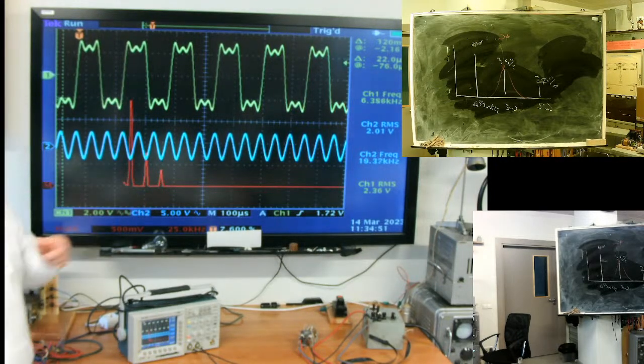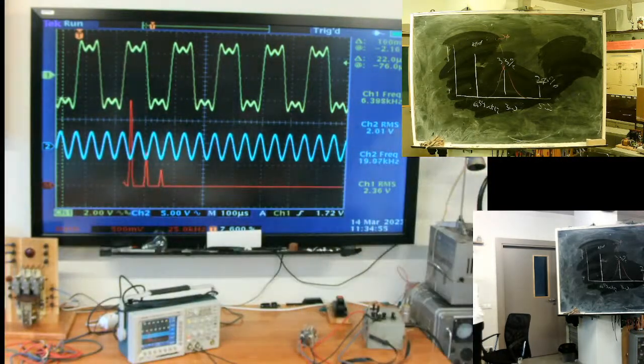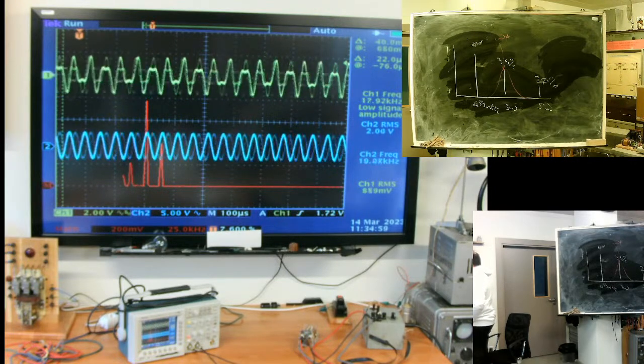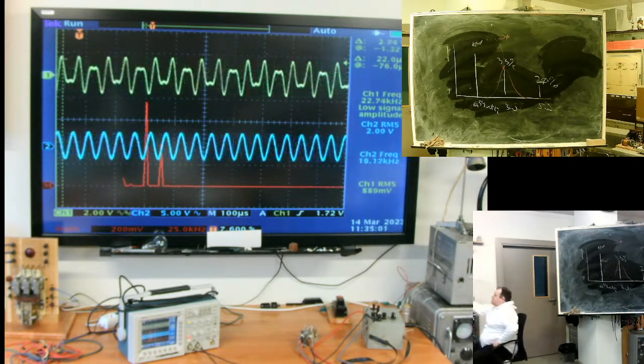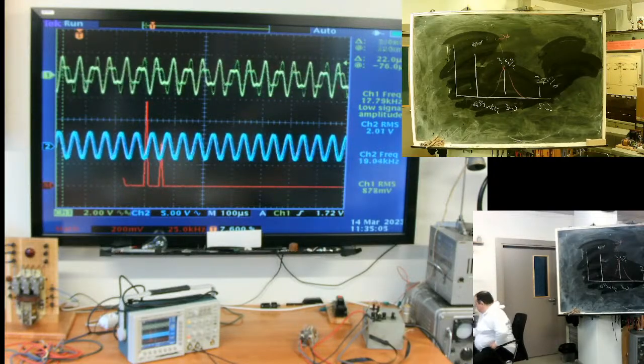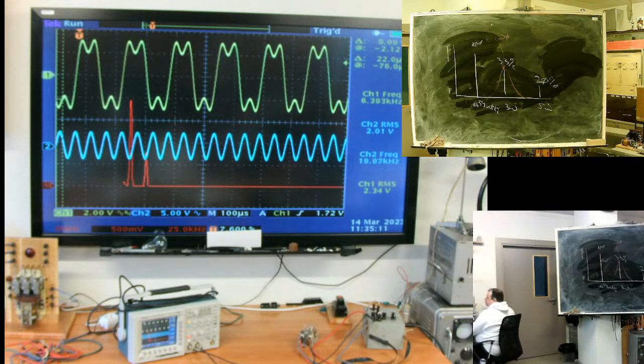Can we check it? Look, I can switch off the first. Did the signal disappear? No. I can switch off the fifth. Did the signal disappear?